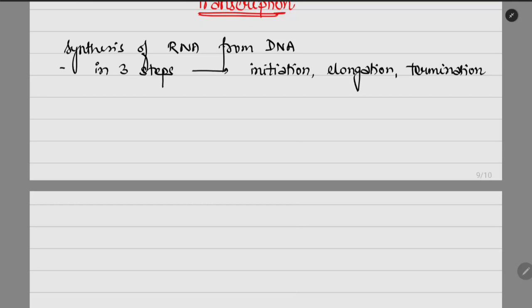Now here are 2 types of theories. One is the central dogma of molecular biology and one is the reverse dogma. The central dogma of molecular biology says that always and always from DNA by the process of transcription RNA is formed, and from RNA by the process of translation the proteins are formed.